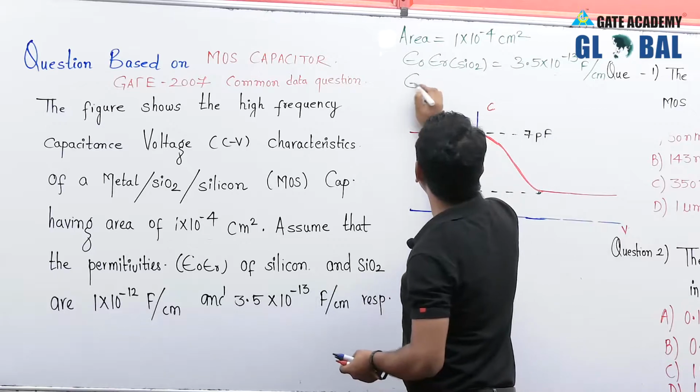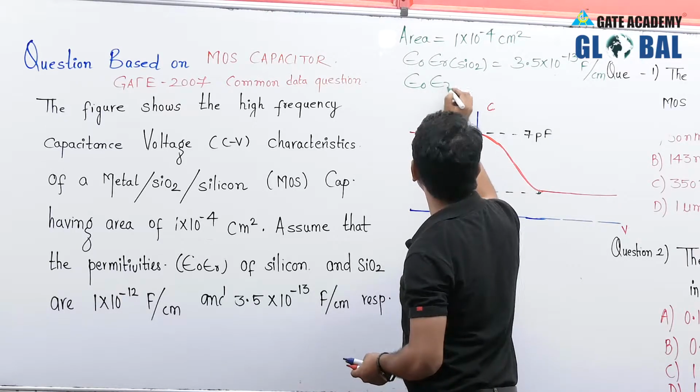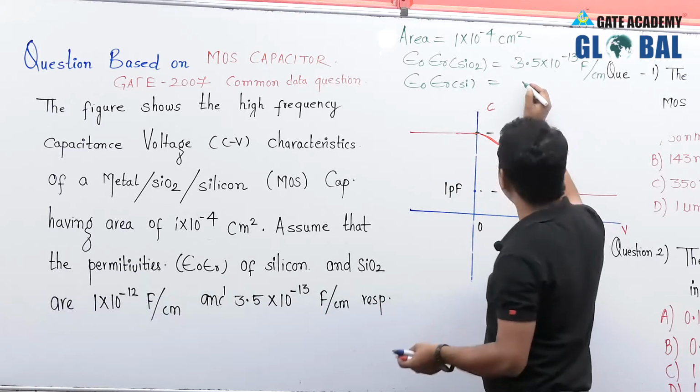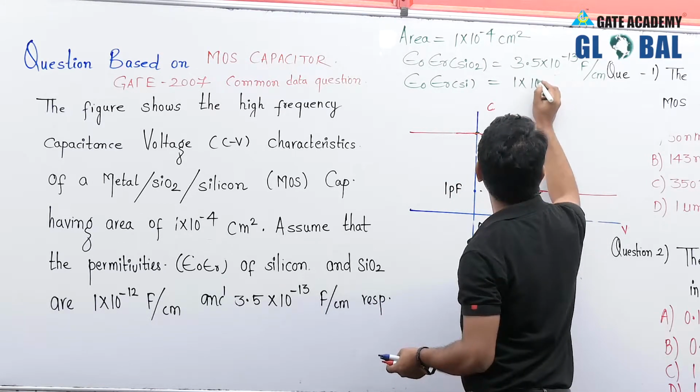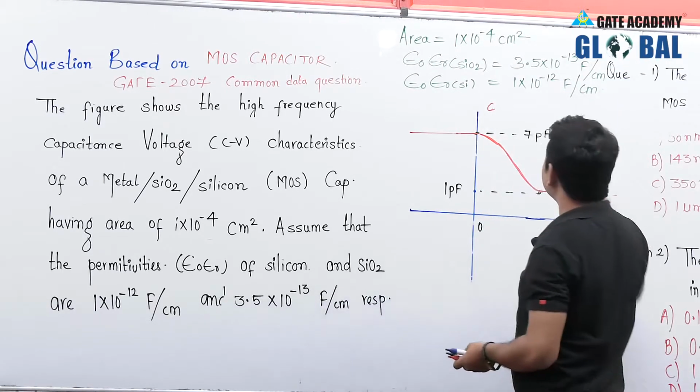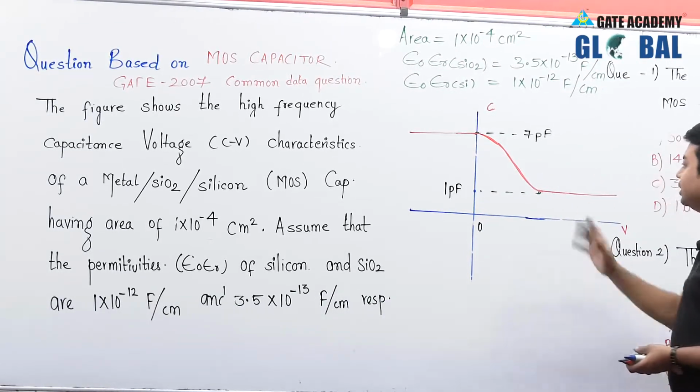And epsilon naught epsilon r for silicon is 1 into 10 to the power of minus 12 farad per centimeter. These 3 data are given, and this graph is given.